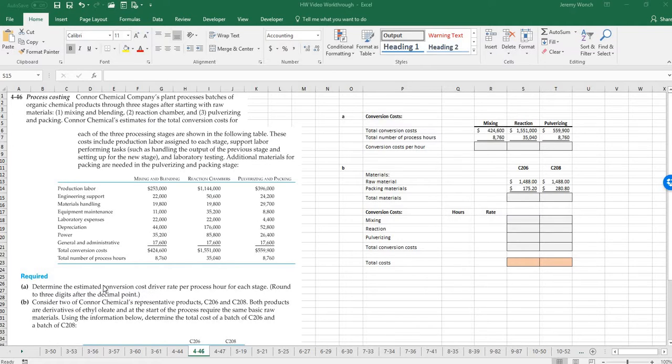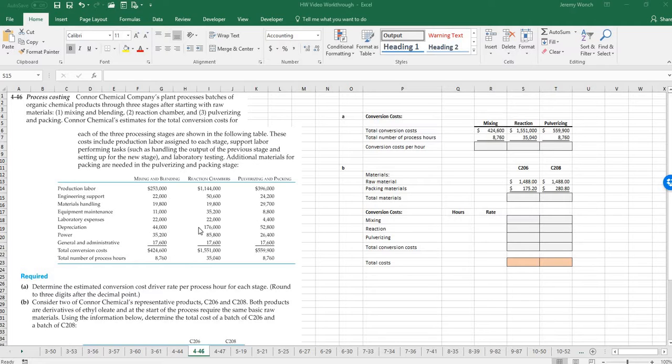So it talks about conversion cost. Conversion cost is saying, once I start with some kind of direct material, what does it cost me to convert that to something I can sell? So conversion costs are going to be your direct labor and your overhead.